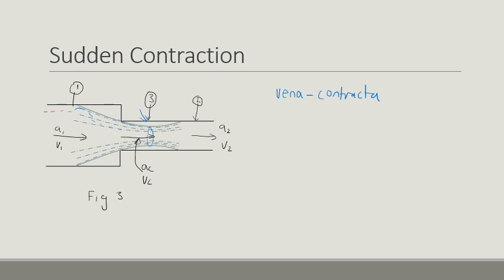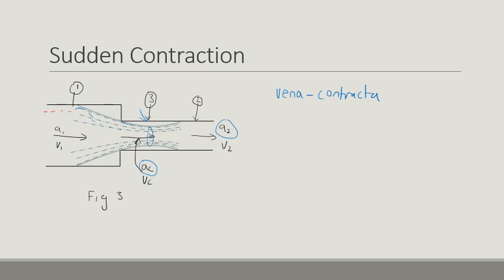The loss of energy in the convergence from section 1 to 3 is small, and the main loss actually occurs in the enlargement from section 3 to 2, as if it were due to a sudden enlargement from the area of the vena contracta to the area of the second section, A2.